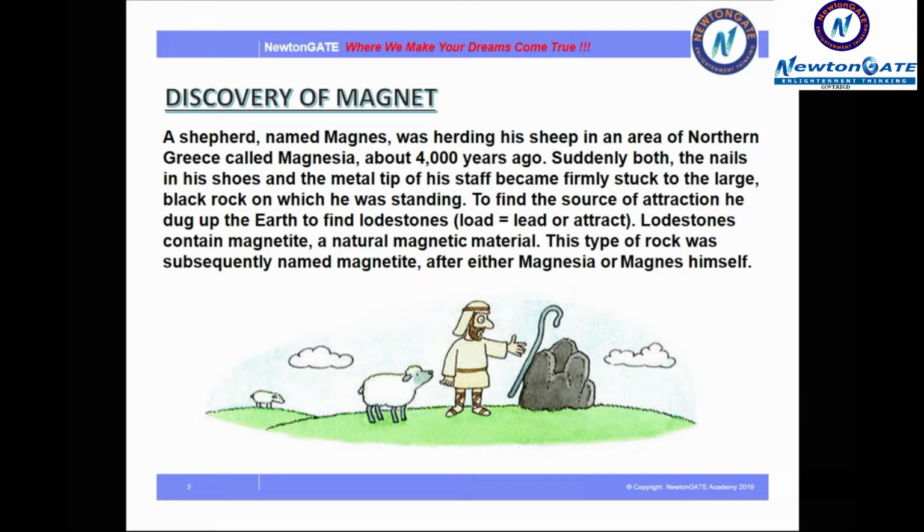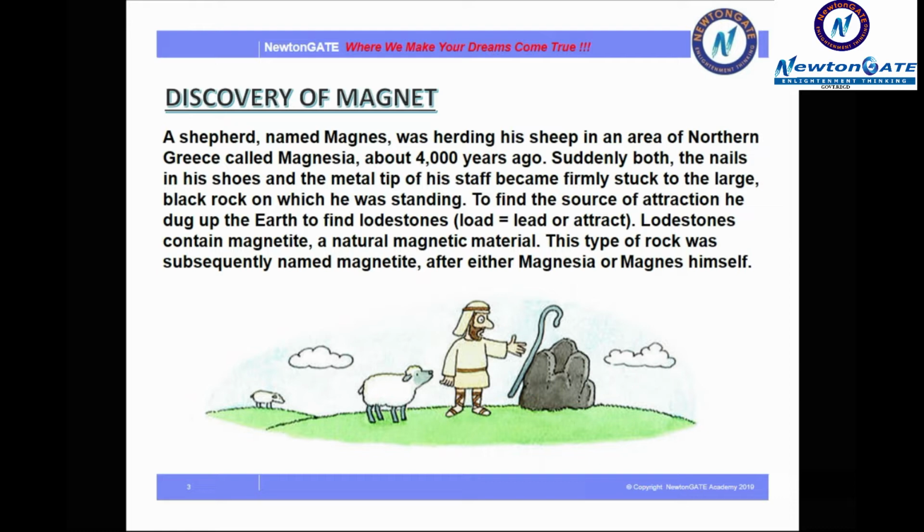To find the source of attraction, he dug up the earth to find lodestone. Lodestones contain magnetite, a natural magnetic material found later. This type of rock was subsequently named magnetite, after either Magnesia or Magnus himself.